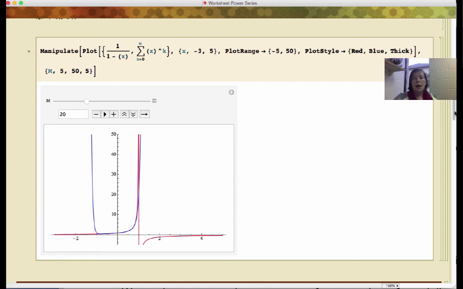And we're drawing the graphs of the partial sums of our series, 1 plus x plus x squared, etc. In particular, the sum from 0 to m of x to the k.